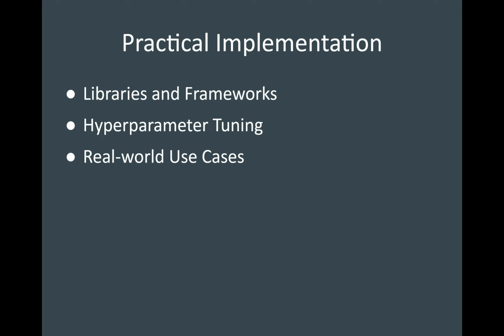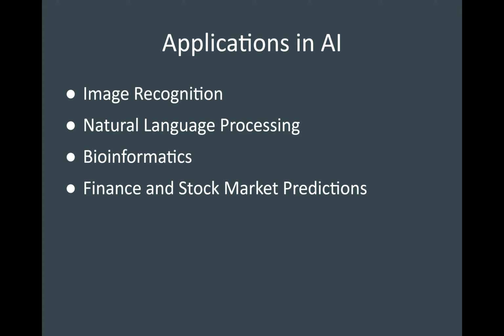And if we talk about real-world use cases, these are handwritten digit recognition, spam email detection, sentiment analysis, and in terms of applications of SVM in AI, first is image recognition. SVMs are used for object detection and facial recognition.